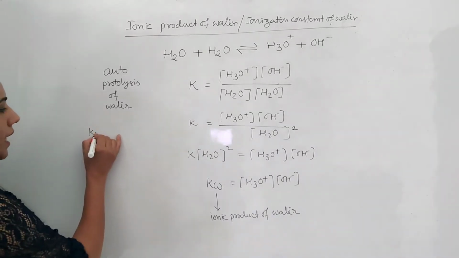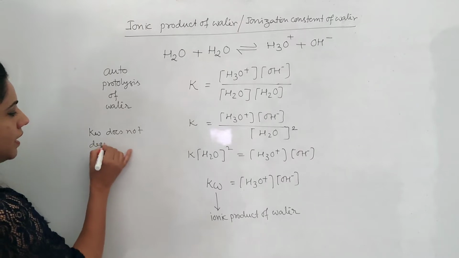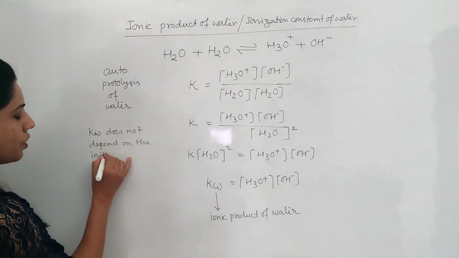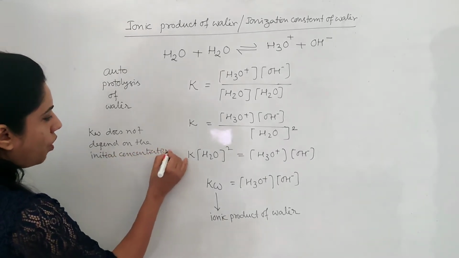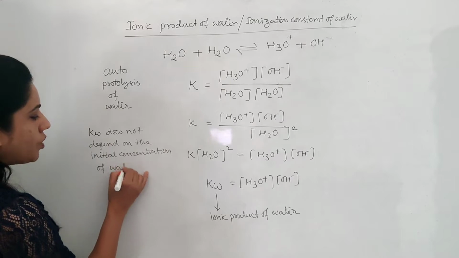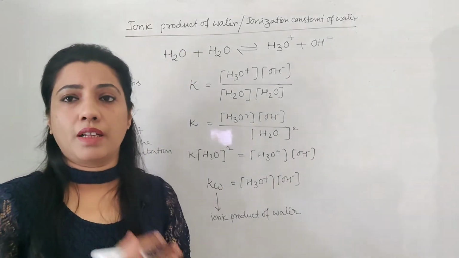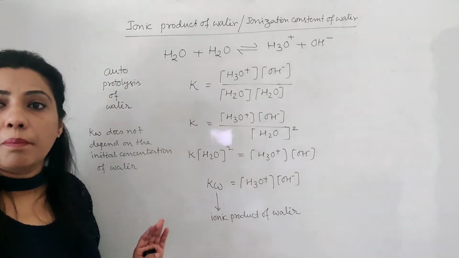Note it down that Kw does not depend on the initial concentration of water. How much water you are taking initially, whether 1 mole or 100 moles or 1000 moles, it doesn't matter to Kw. Kw does not depend on that.